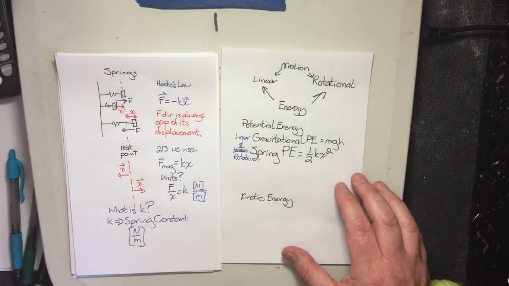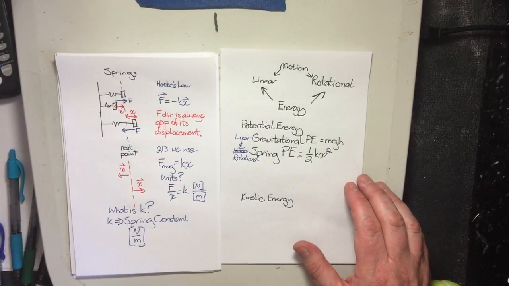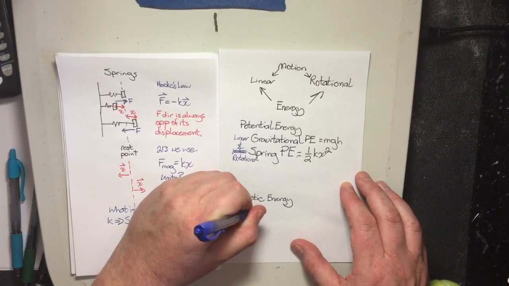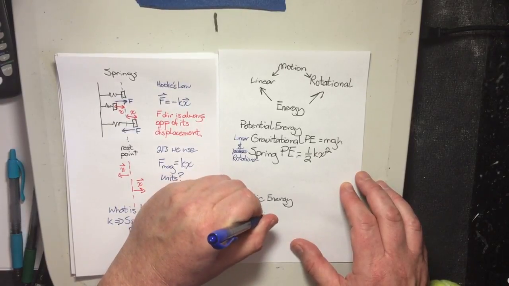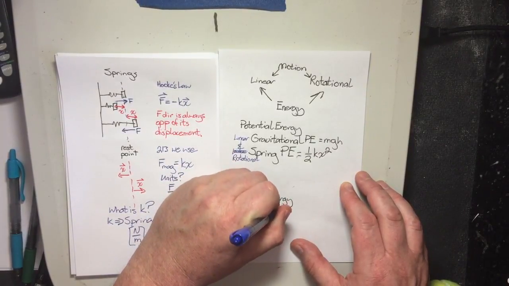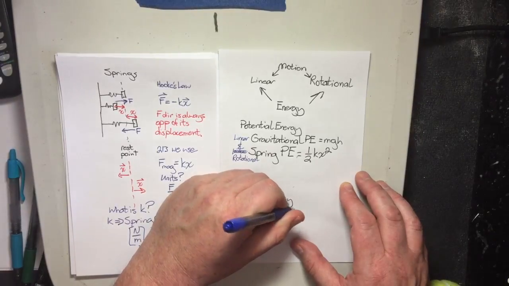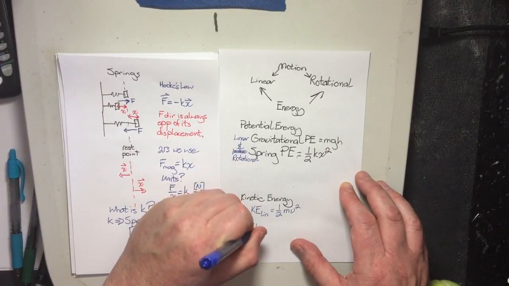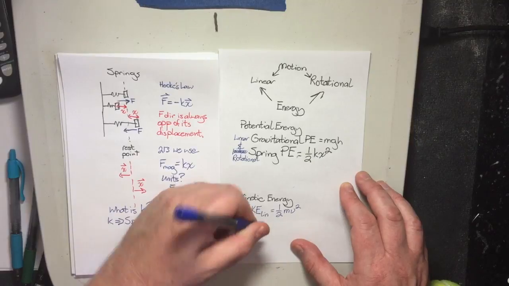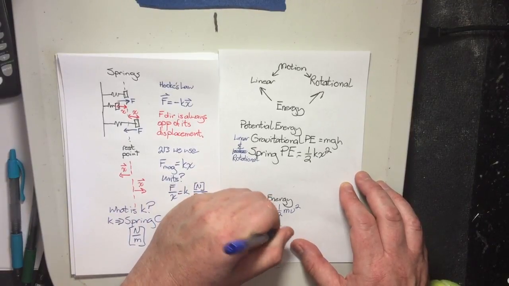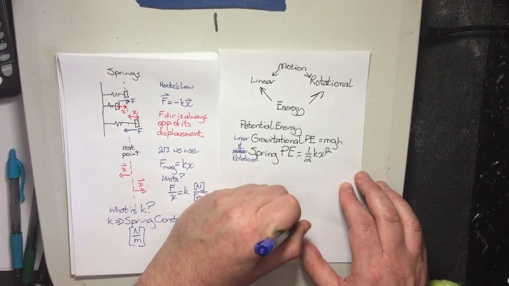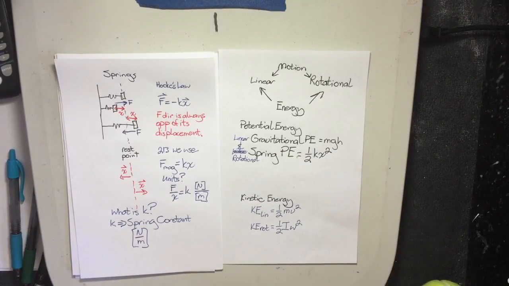The kinetic energy: you have a linear kinetic energy, which is 1/2 mv squared, and then there is a rotational kinetic energy, which is 1/2 I omega squared. And we've discussed the differences between these two. That linear mass becomes rotational mass, which is moment of inertia.